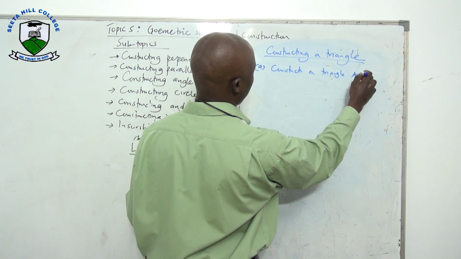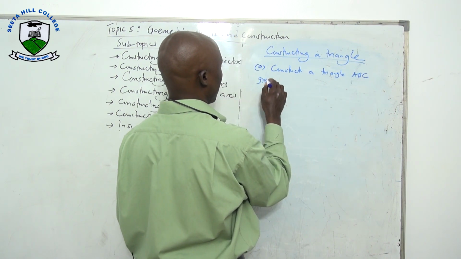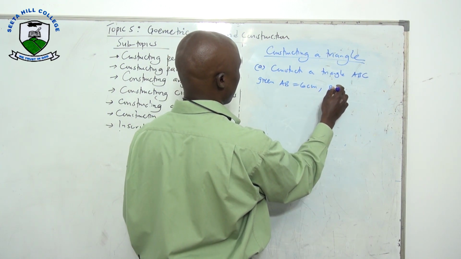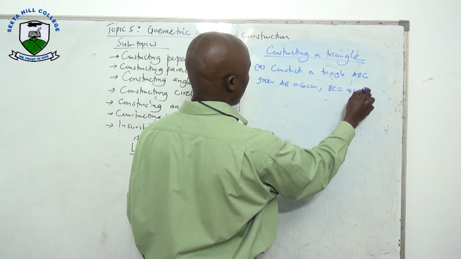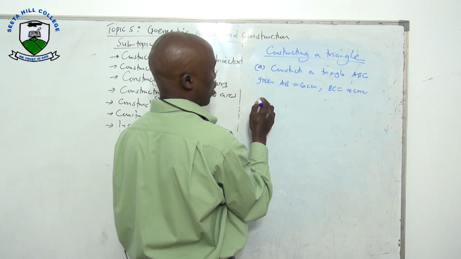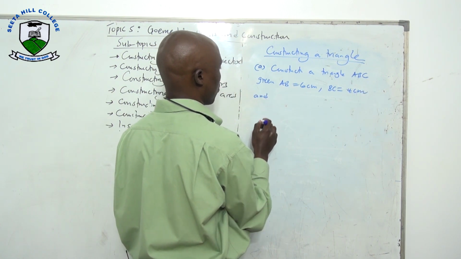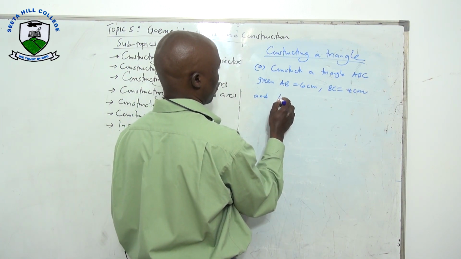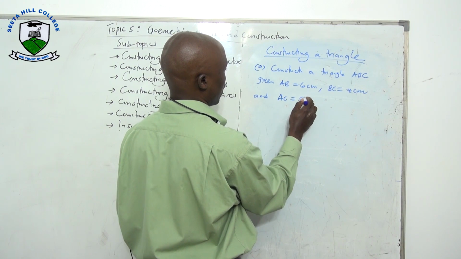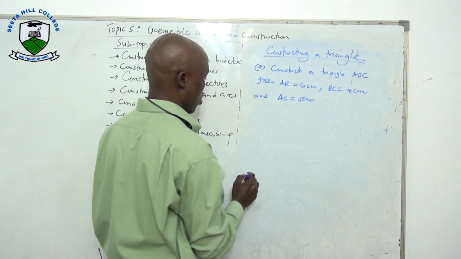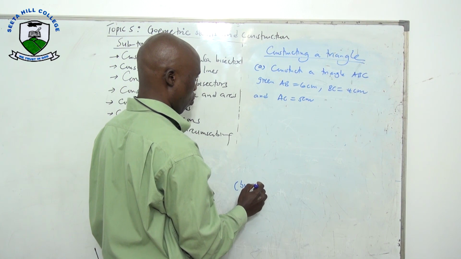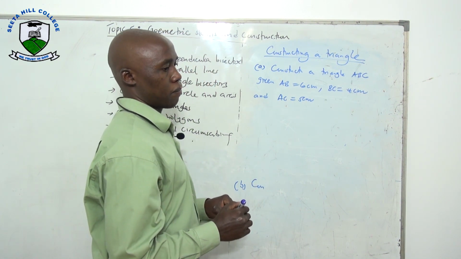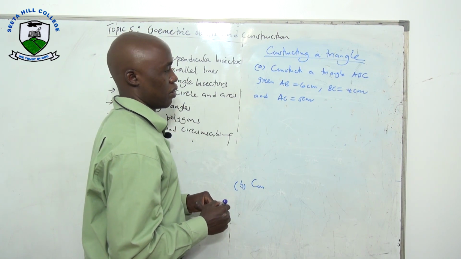Triangle ABC, given AB 6 centimeters, BC is 4 centimeters, and AC is 5 centimeters. I hope that's clear.